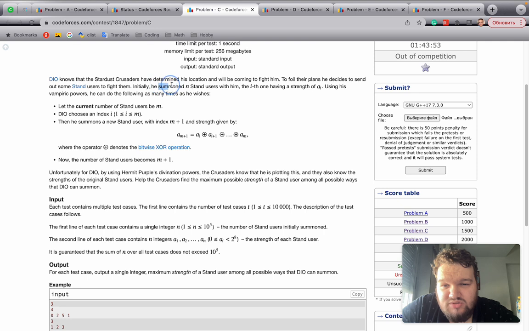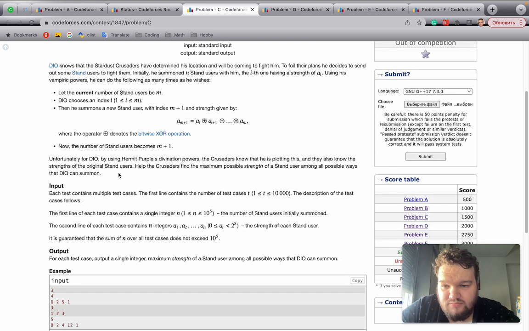It looks like we will add new elements to the array. So we start with some array, and then we push back a new element that is XOR on some suffix, on some non-empty suffix, looks like.